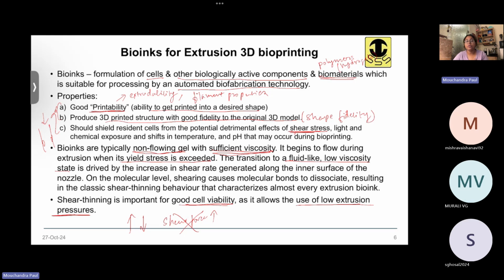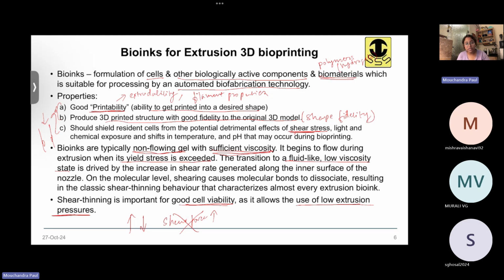Why? Let me repeat why. Because the overall viscosity of the fluid is reduced on application of pressure. They also have a relatively low yield stress, because of which you use lower extrusion pressures.